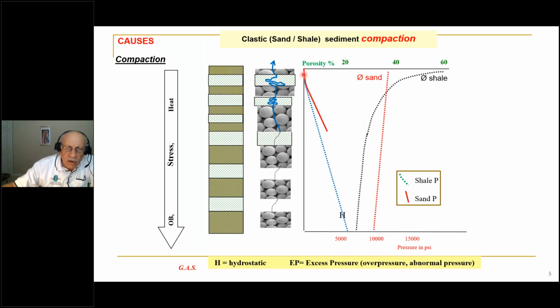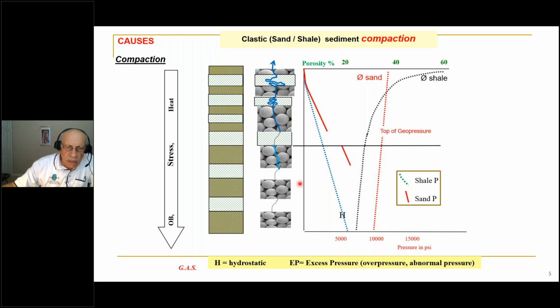This is why I call it the compaction trend. This is not a normal compaction trend, it's just a compaction trend, because sediments are in the process of compacting, and the fluid is running away to the surface. Here is the top of the geopressure.